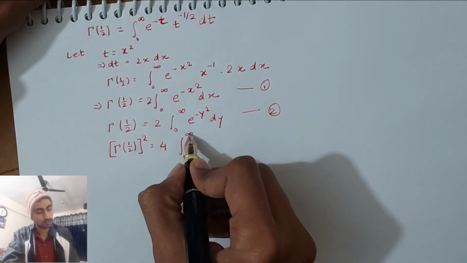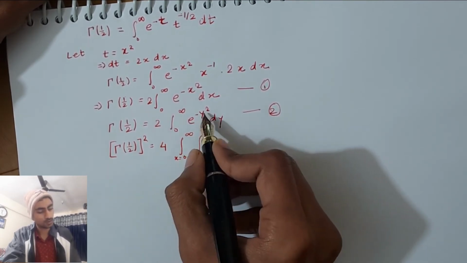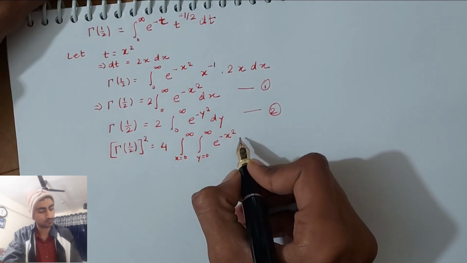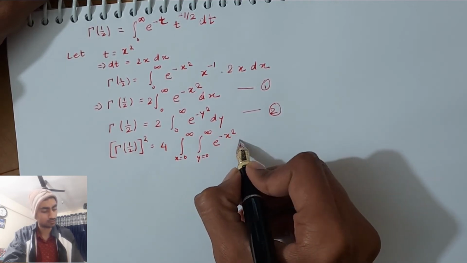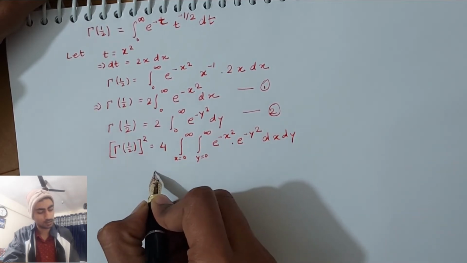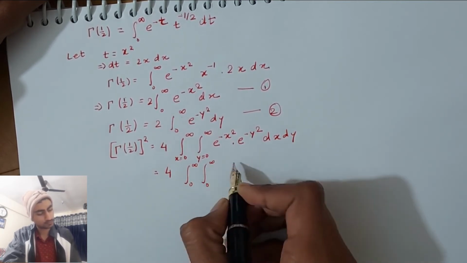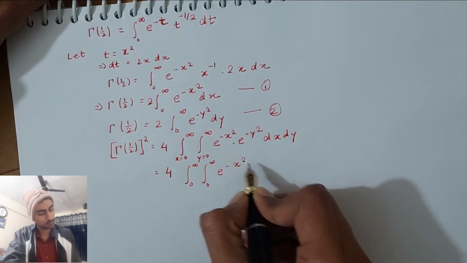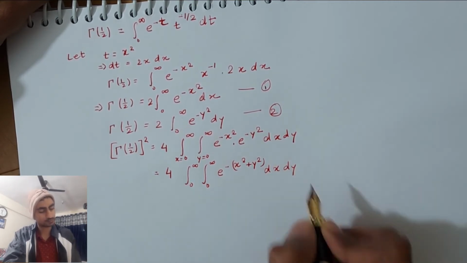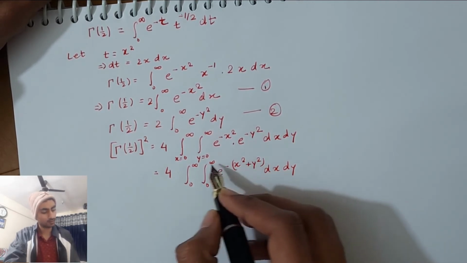We can write the integral over x from 0 to infinity and y from 0 to infinity of e to the power minus x squared times e to the power minus y squared, dx dy, and it can be written as 4 times the double integral from 0 to infinity of e to the power minus (x squared plus y squared) dx dy.